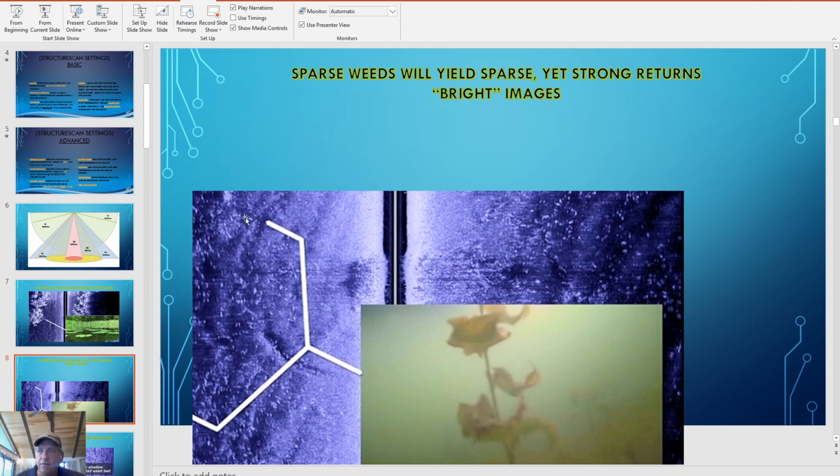You'll have these varying white returns, which are the stems of that plant, but they're not as closely clumped together. Still an indication of a lot of weeds in that area, and also where those weeds start and go all the way to the shoreline here, and different bottom composition, which we'll talk about as we go through the slides.